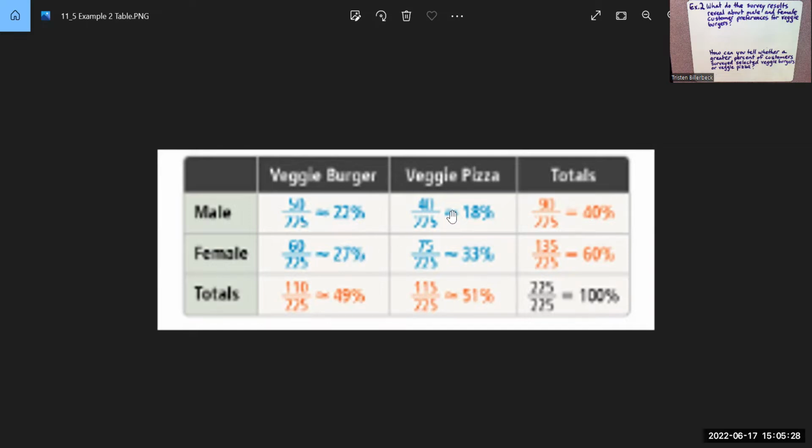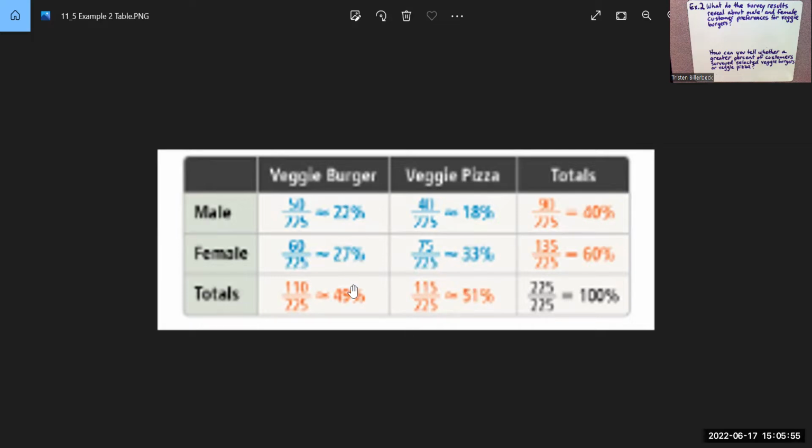And on this one, we had 18% of the men liked veggie burgers and 33% of the women liked veggie burgers. So the women in the data survey were 60% versus the men at 40% of the respondents in the survey. Then we look at the totals here.